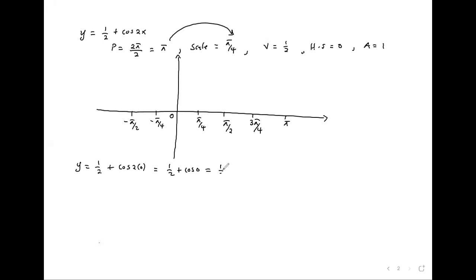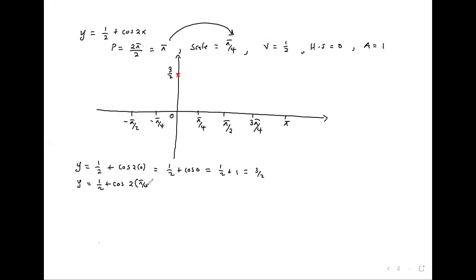Now cos 0 is 1. So we get 3 over 2. So of course we know we have 3 over 2 there because we have found it here. So the point is 0, 3 over 2.